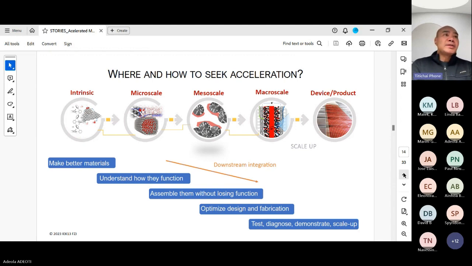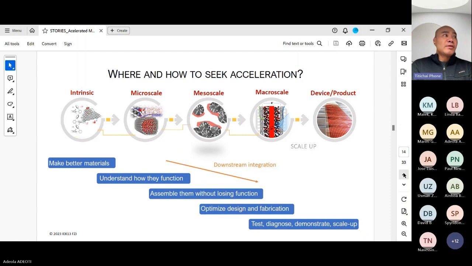If we look at materials from the early stage of invention at intrinsic level, and we propagate our way down to downstream integration into materials at micro scale, mesoscale, and then integrate that into component.